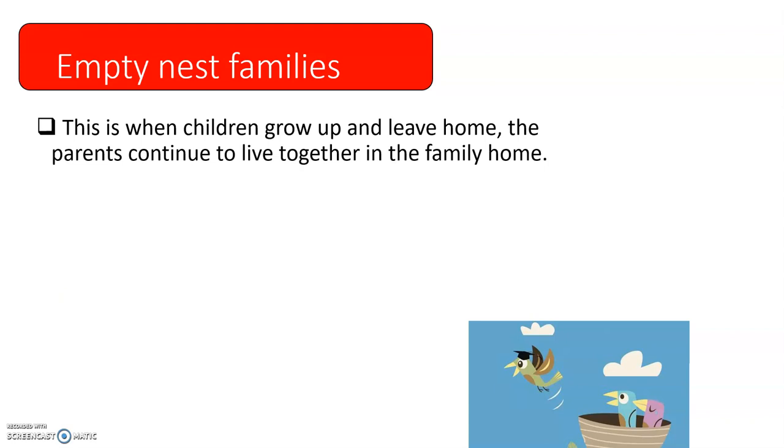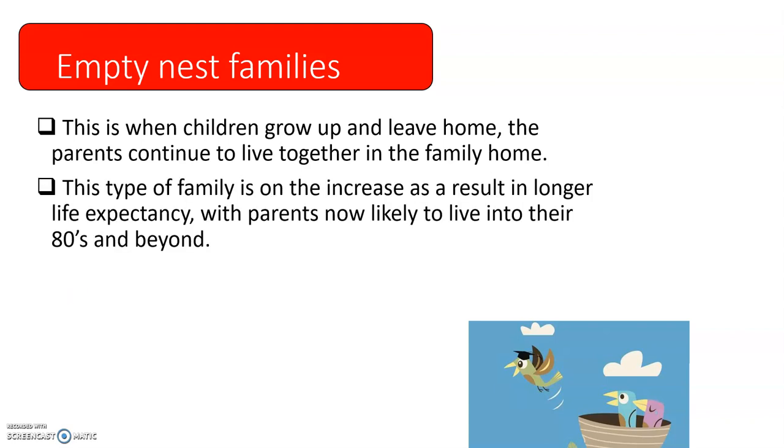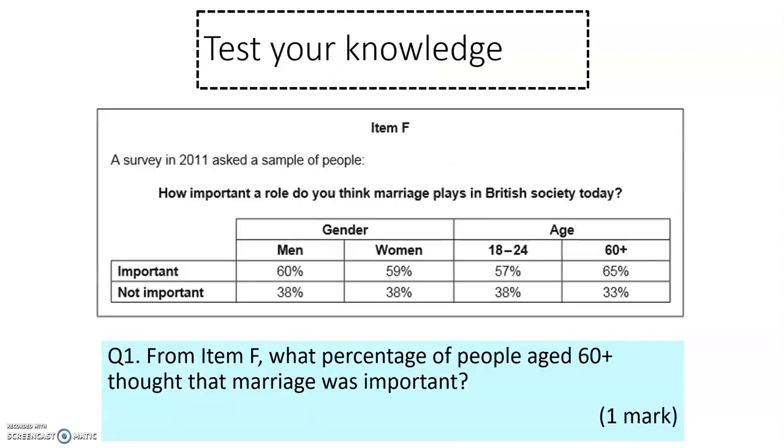This is basically when children grow up and leave home, leaving the parents to live together in the family home with no children. Again, this is on the increase as a result of longer life expectancy. Parents are living well into their 80s and beyond, so there are increasingly more people living longer without children in the home. So those are your main family types.